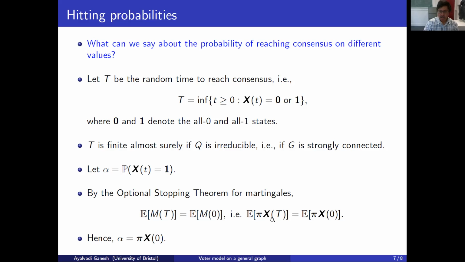If it's the all one vector, then pi times the all one vector is the sum of the elements of pi, which is 1. But what's the probability? Alpha is the probability of reaching the all one state, and with this probability, the contribution to the expectation is 1. So this quantity here, maybe again I should switch to the whiteboard. Let me do that.